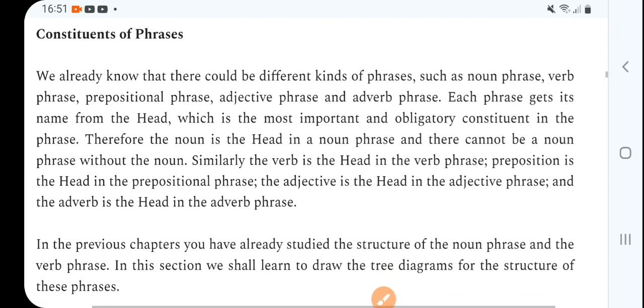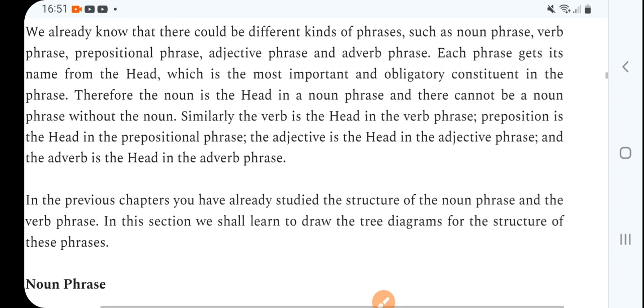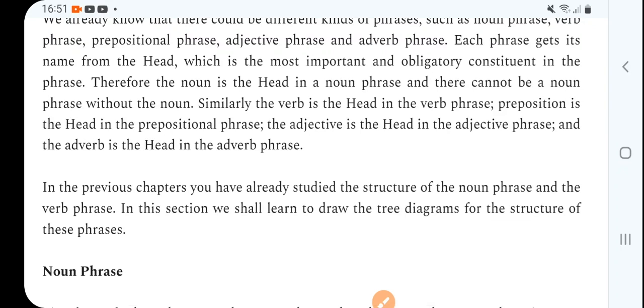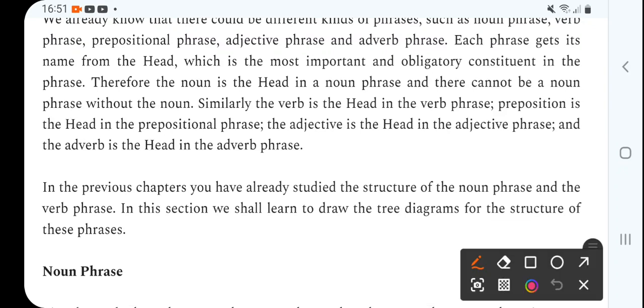Now, constituents of phrases. We already know that there could be different kinds of phrases such as noun phrase, verb phrase, prepositional phrase, adjective phrase and adverb phrase. Each phrase gets its name from the head. Very important, how the phrase name is decided.